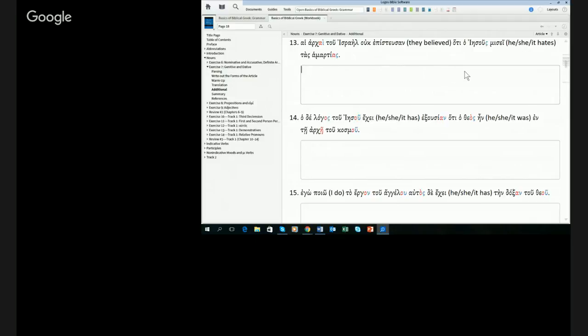Hoti ha Jesus mise, that Jesus hates, tas hamartias. In this case, there's no doubt it's accusative feminine plural. Why? Because the article is present, and if this was genitive feminine singular, the article would take the form tes.